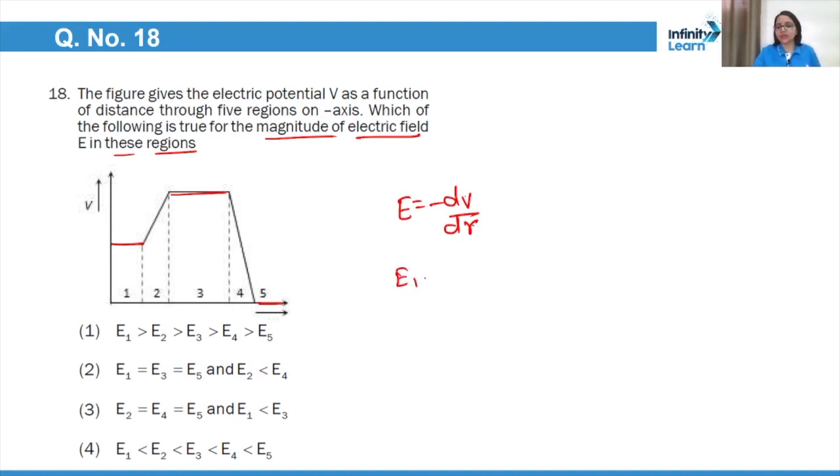So E1 is equal to E3 is equal to E5 is equal to 0, right? So we have only one possible option for this, that is option 2. And E2 is less than E4 because the slope in region 2 is less than the slope in region 4. So the correct answer is option 2.